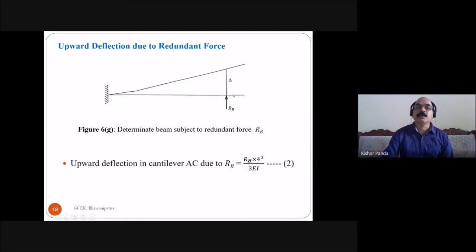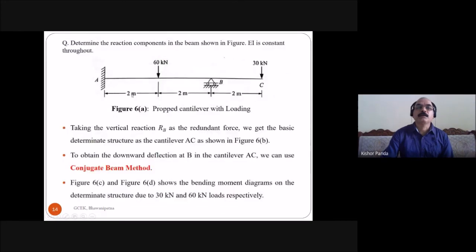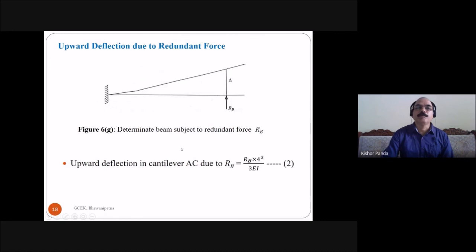So here you are taking RB as a load, and due to this RB, you find the vertical deflection at the free end. This is RB, and this length is 4 meter. RB into 4 cubed by 3EI. So this is the upward deflection in cantilever AC due to RB.